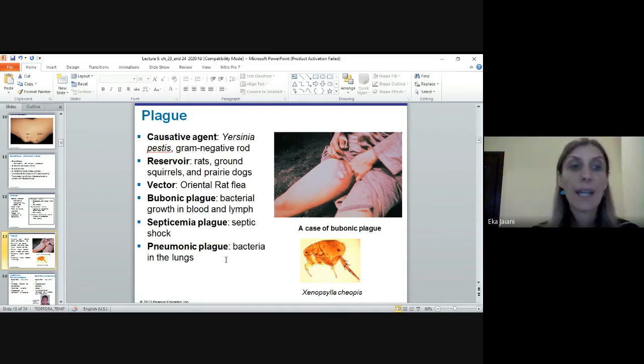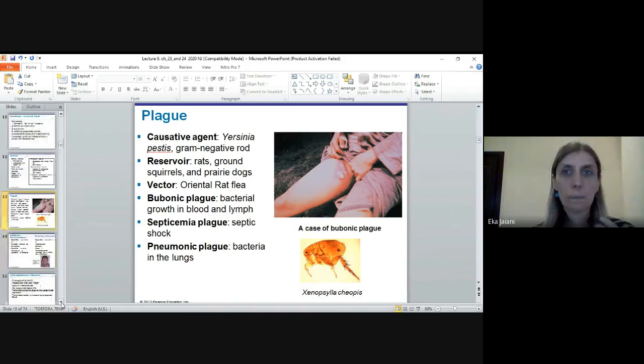And in this case, human to human transmission is also possible through coughing or respiratory droplets. But nowadays, we don't have plague, and it is also called the Black Death. Yeah, because people develop hemorrhages of the skin, black hemorrhages. So there was bleeding, but it had this black color. So that's why the Black Death.